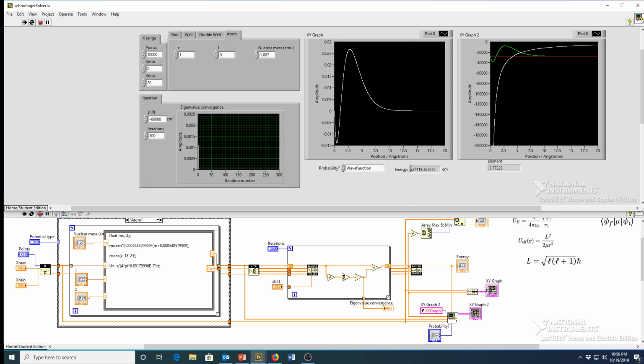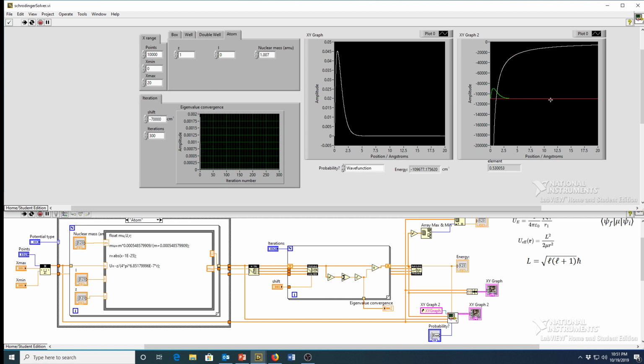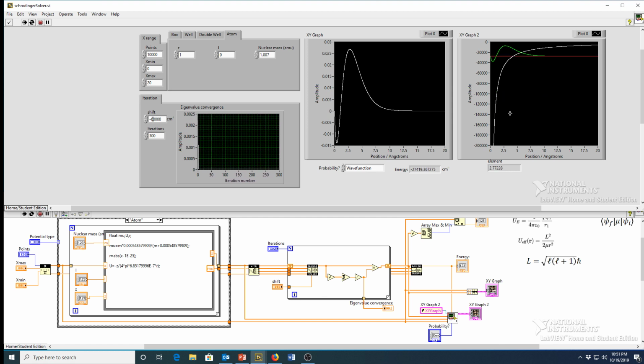You'll find it's very close to this if you do that subtraction. And as you can see, the probability distribution gets further away from the nucleus, just as you expect for the higher n quantum numbers.